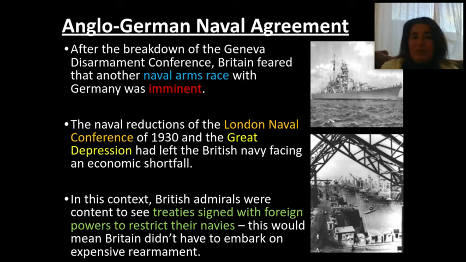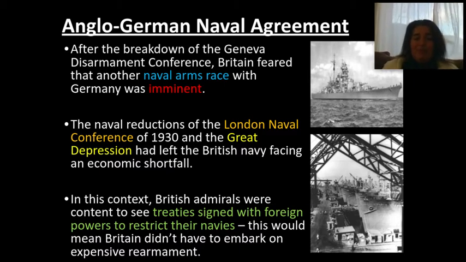After the breakdown of the Geneva Disarmament Conference, Britain feared that another naval arms race with Germany was imminent. The naval reductions of the London Naval Conference in 1930 and the Great Depression had left the British Navy facing an economic shortfall. In this context, British admirals were content to see treaties signed with foreign powers to restrict their navies.